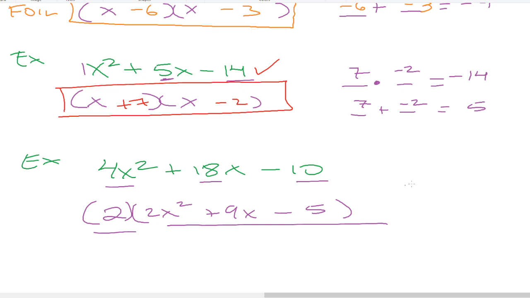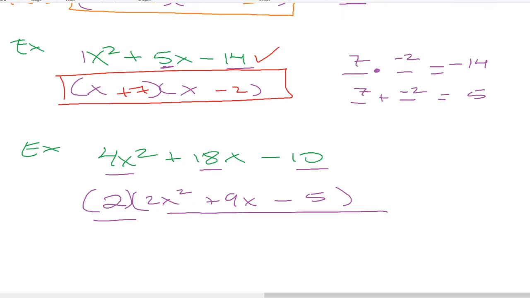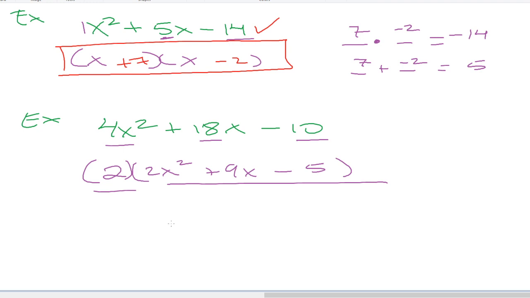All right, so let's explore this more in detail. You guys notice that the leading coefficient here is not a 1. All right, when that's not a 1, I have to come up with something that I call the x method. This first term is called the a, the b, and the c value.